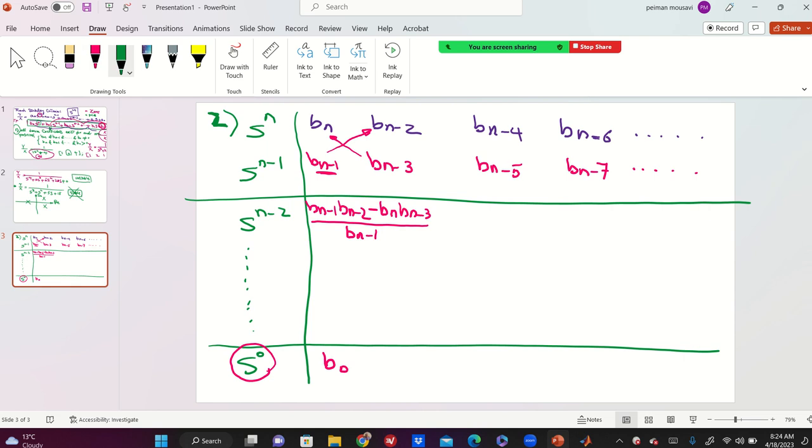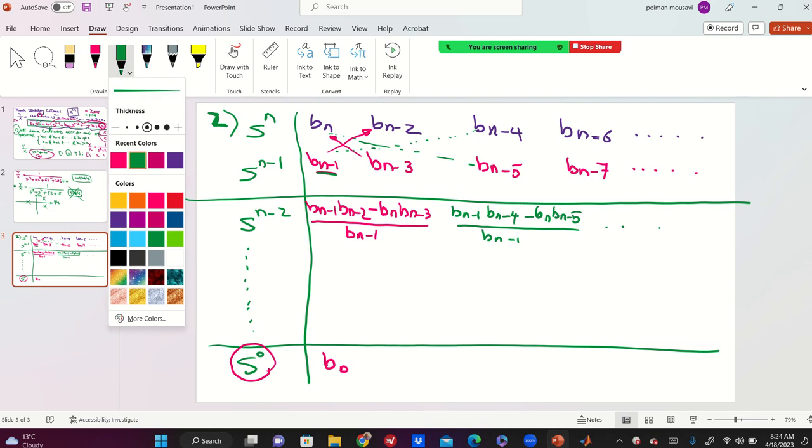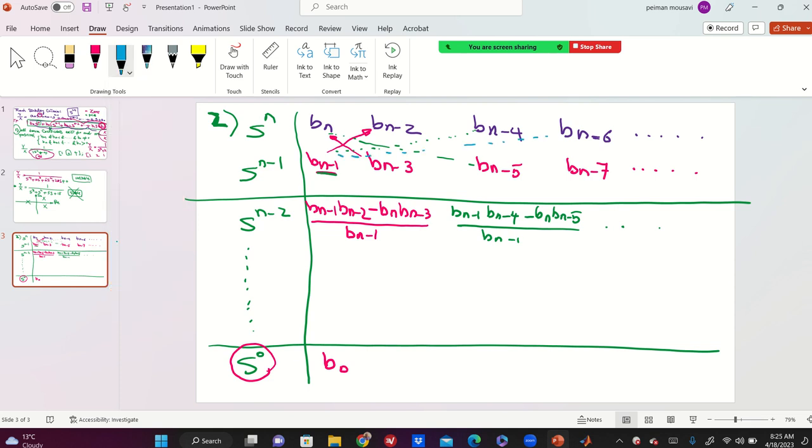Then you do this: this multiplied by this minus this multiplied by this, again divided by this: (b_(n-1) b_(n-4) minus b_n b_(n-5)) divided by, again, b_(n-1). This continues like this.